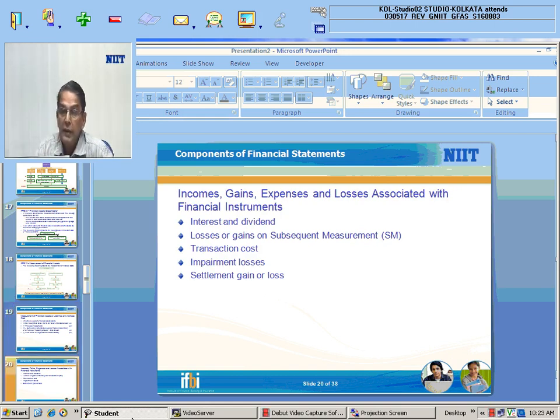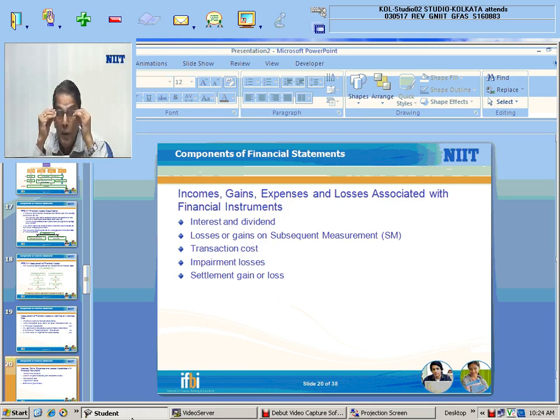Now coming to income, gains, expenses and losses associated with the financial instrument. Actually, amortization, if I explain here in the context of financial accounting, becomes very difficult because this is a financial concept. A loan gets amortized, what does it mean? A person who has taken a housing loan from the bank, the bank will reflect that housing loan given to the customer as a financial asset at amortized cost.